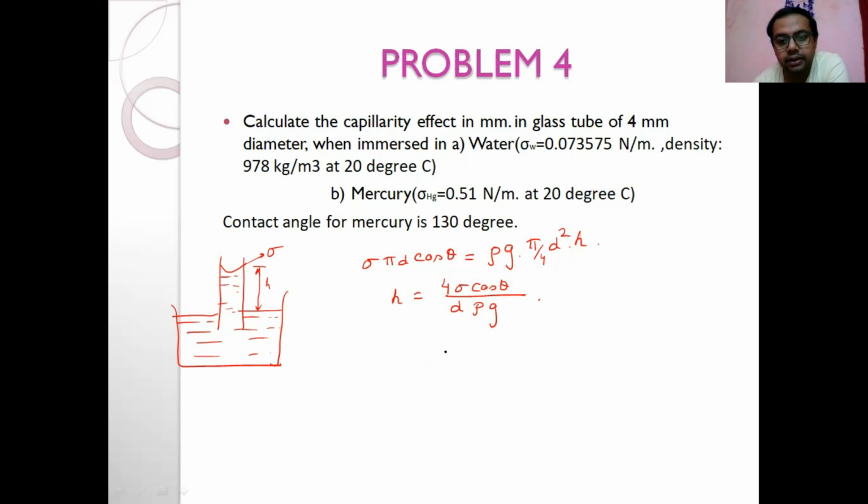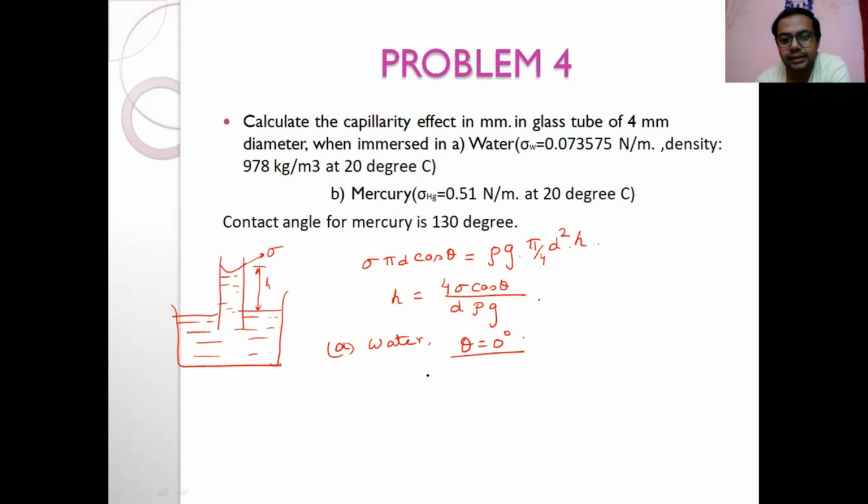Then you were asked to find out for the water. First, in the case of water, you take it as pure water, so sigma you can take as 0.0735. Pure water and glass tube, so the contact angle is 0.